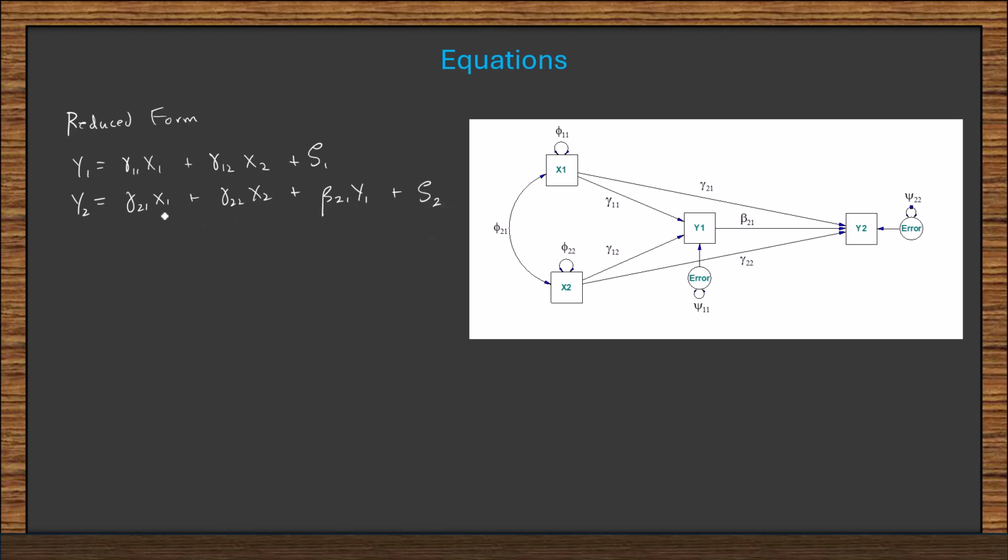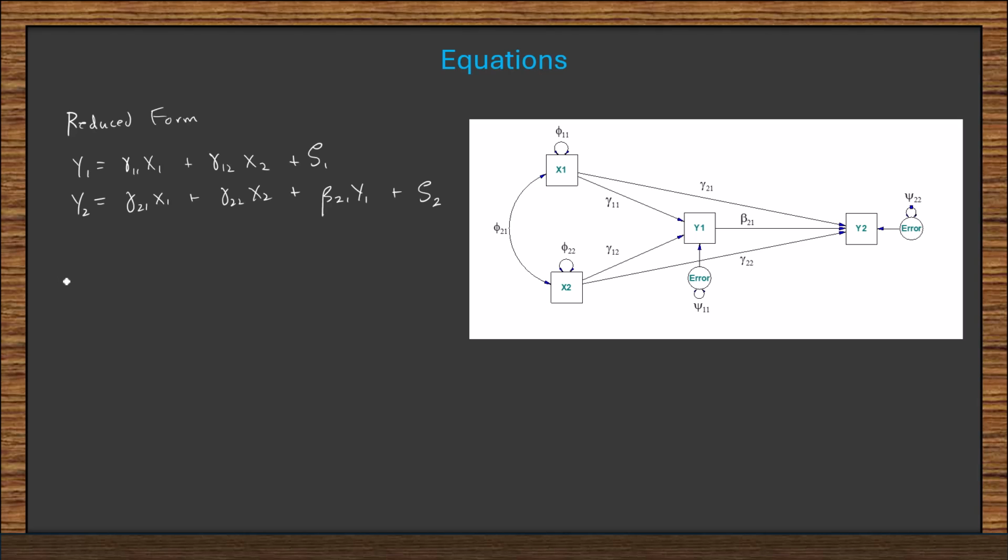Now I want to note, just because we're calling these gammas and these betas, they're actually interpreted in the same fashion. They're just partial regression weights. We're going to use these reduced form equations shortly to show you how we actually predict values in structural equation modeling in the next video.